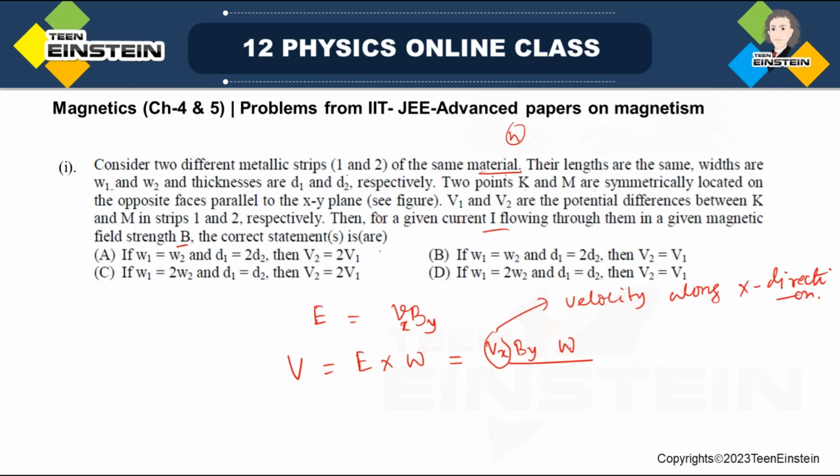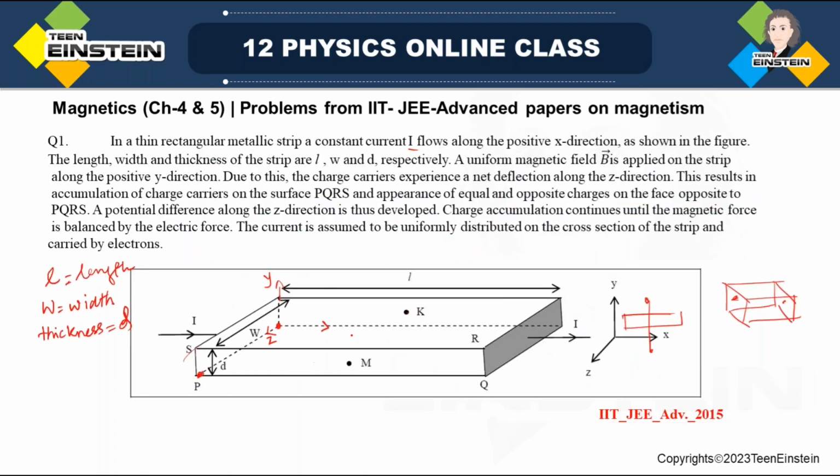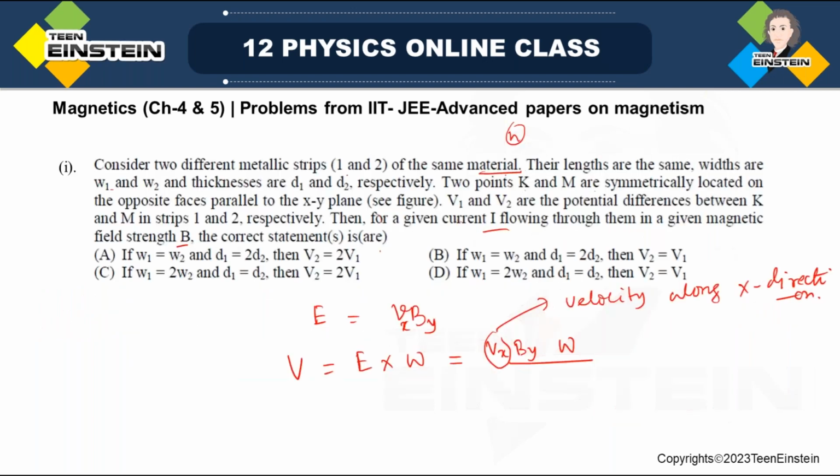Okay, so what is this W? W is the width. Electric field has been produced between these two points. So we can find out potential between these two points. Okay, so we have already got this W. So we have got the potential.